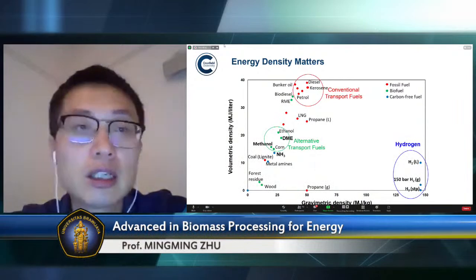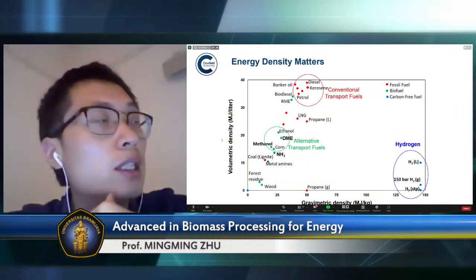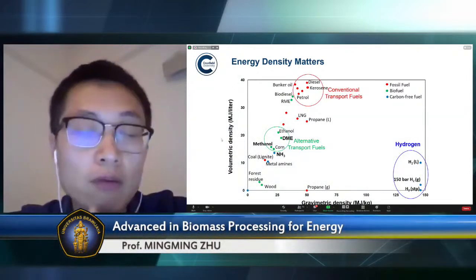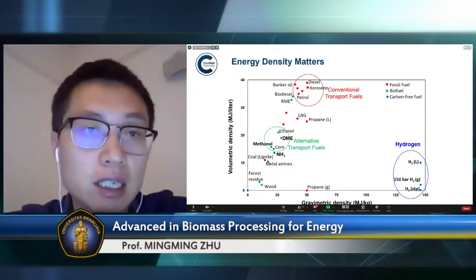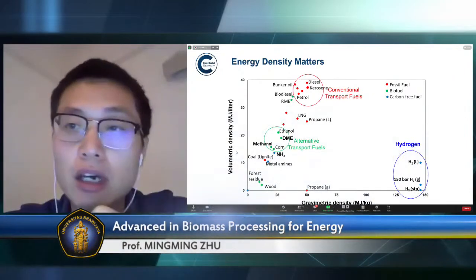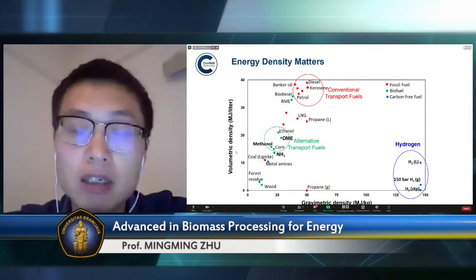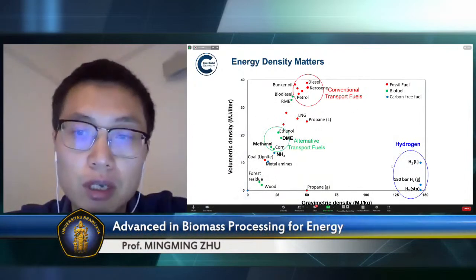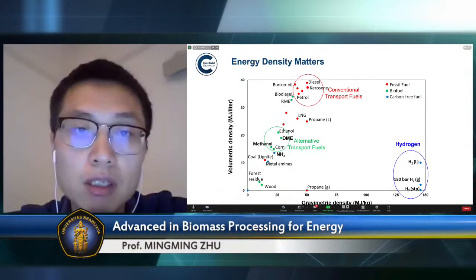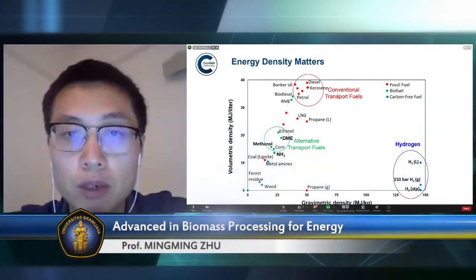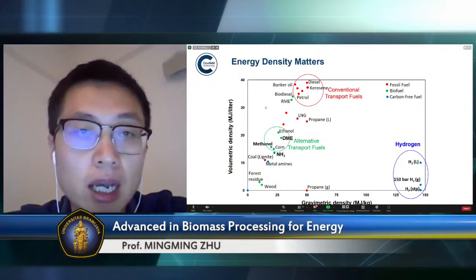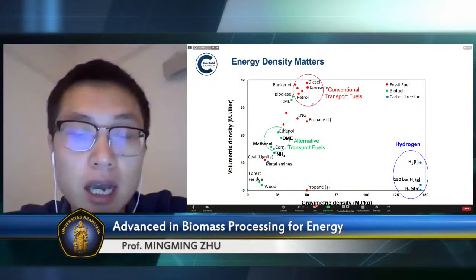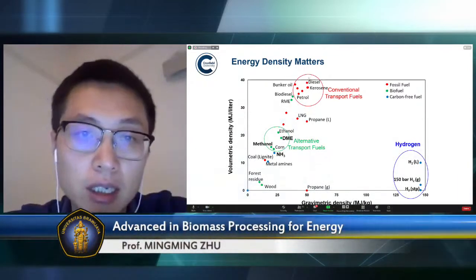If we want to use hydrogen as a fuel, we have to think about energy density. So this figure gives you an indication of different fuels. Conventionally, we have diesel, biodiesel, petrol, and of course jet fuels. Both the volumetric density and the gravimetric density are very high.